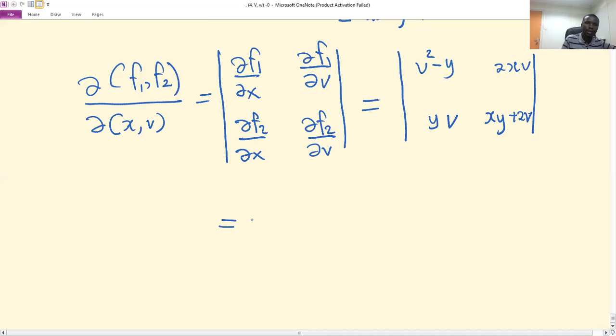This, when you work out, you get negative xyv squared plus 2v cubed minus xy squared minus 2yv.